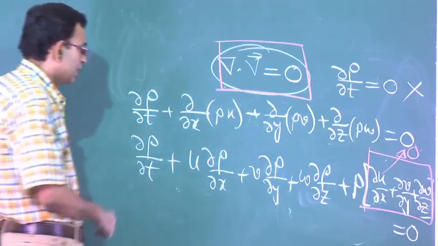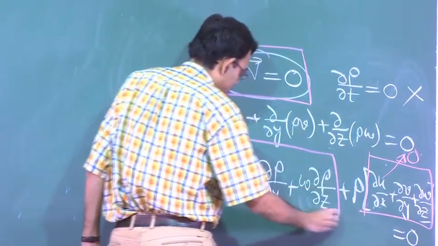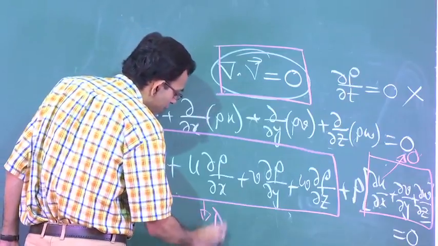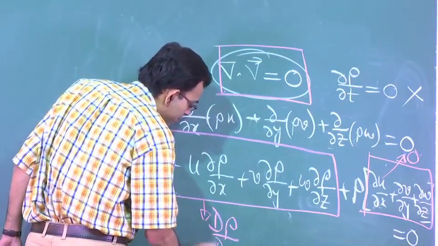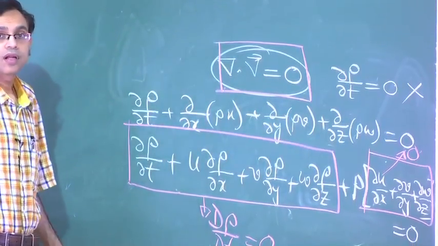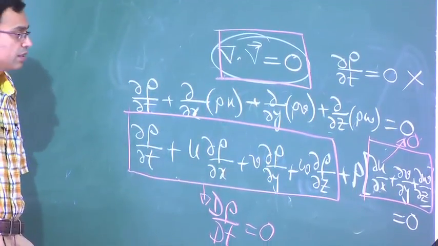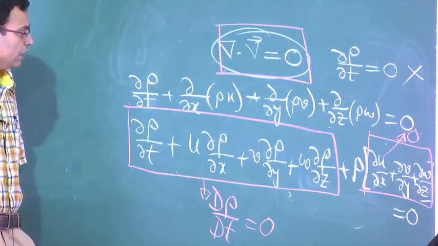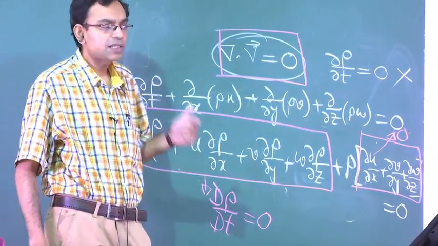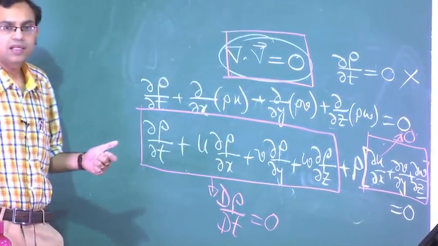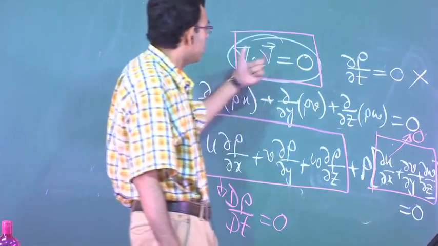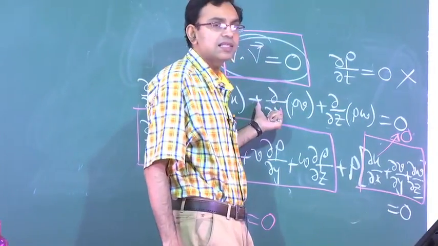In fact, that means that this total term, which is the total derivative of rho with respect to t, is 0. So, the first part of the question is pretty straightforward. If this is 0, the flow may be unsteady, the answer is correct.